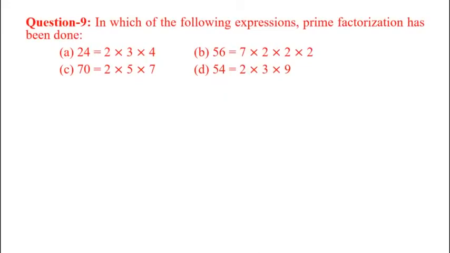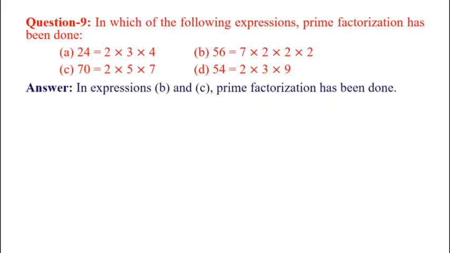Question number 9. In which of the following expressions prime factorization has been done? So first expression is 24 is equal to 2 into 3 into 4. So here 4 is a composite number. So this expression is not the prime factorization method.